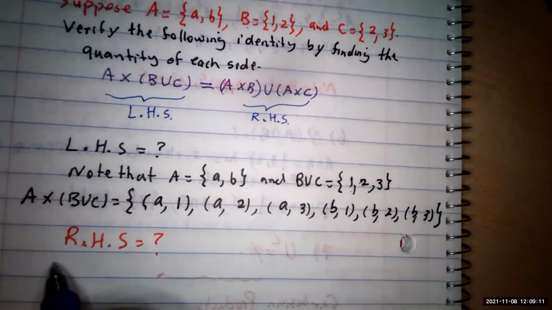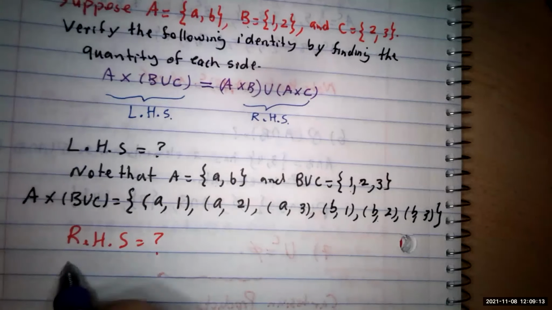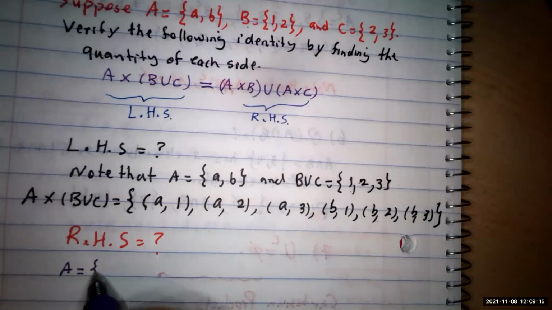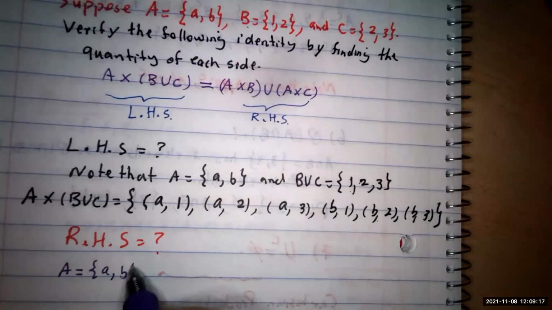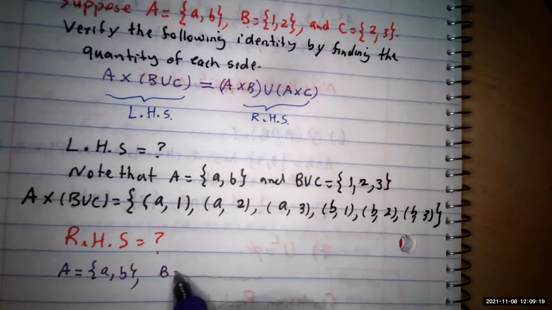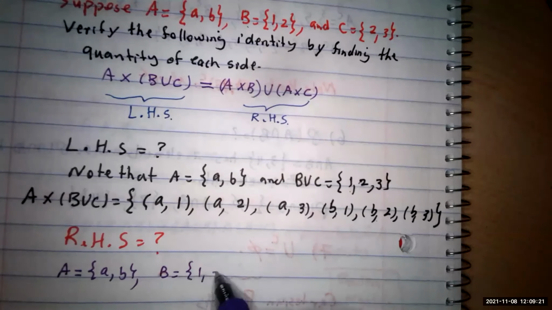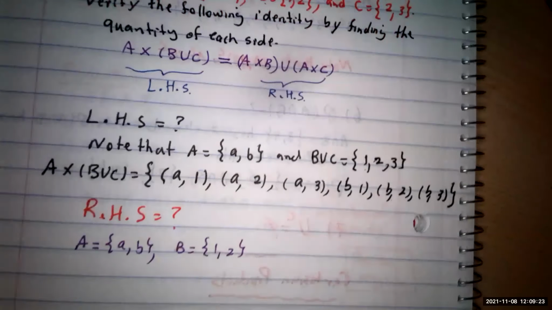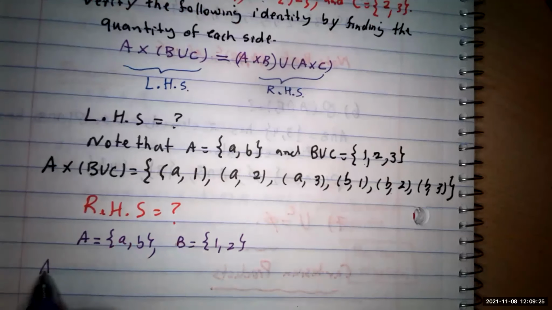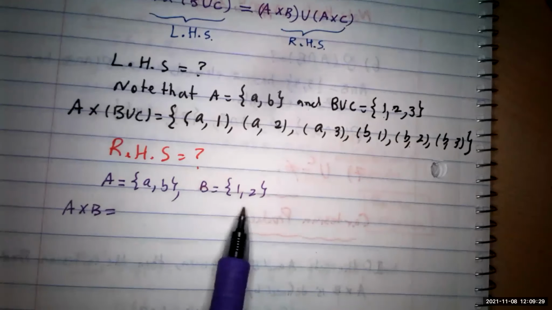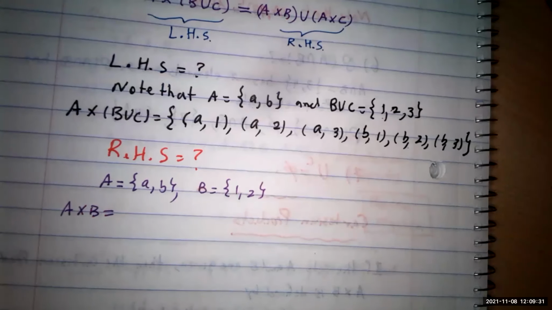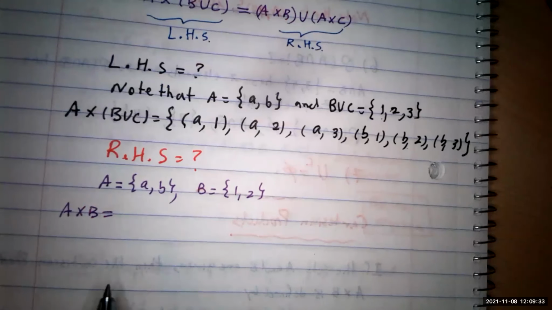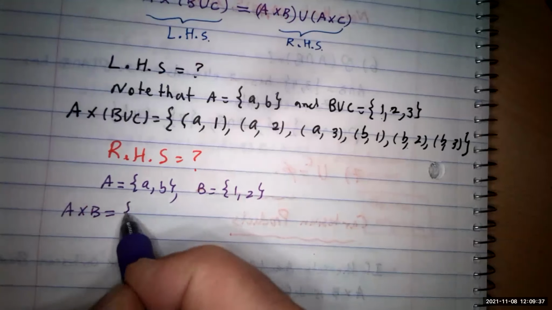So this is my A, which is {a, b}, and this is my B, which is {1, 2}. I want A cross B. I've got 2 elements and 2 elements, 2 times 2 would be 4. So I need to create 4 ordered pairs.